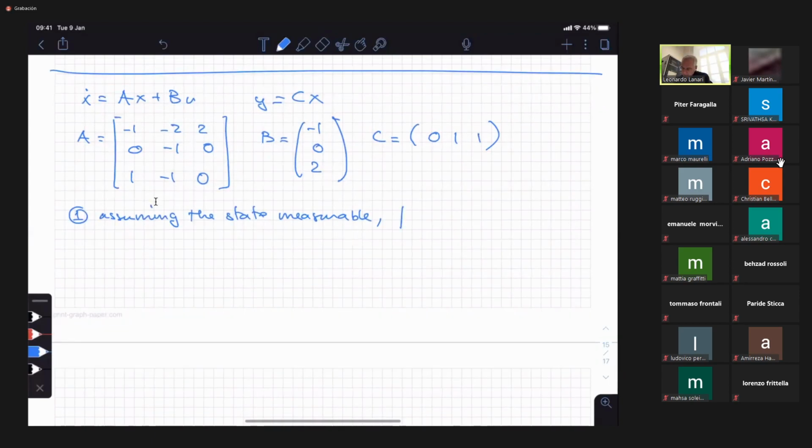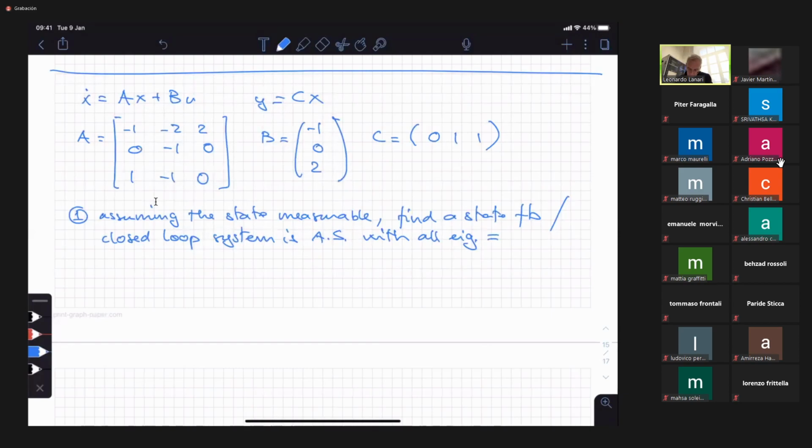So find a state feedback, if possible, such that the closed loop system is asymptotically stable and with all eigenvalues coinciding.